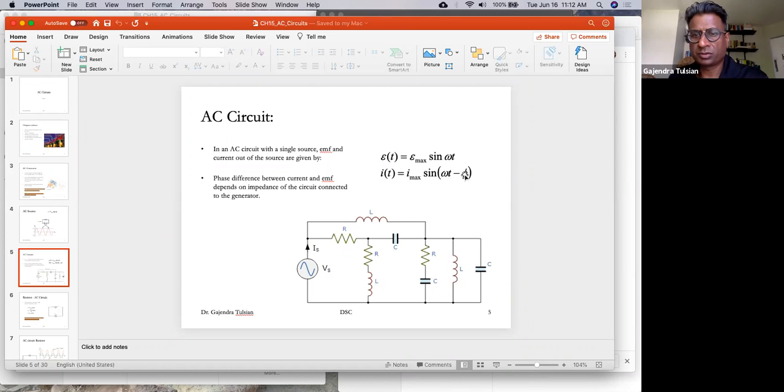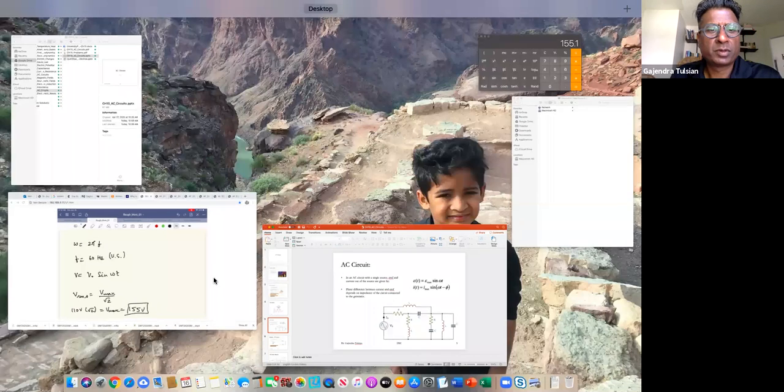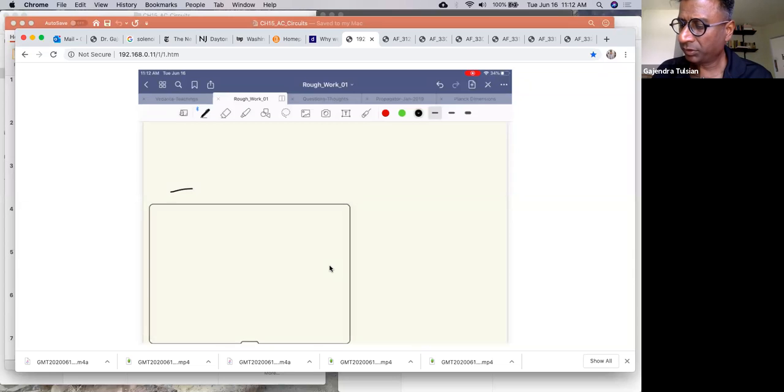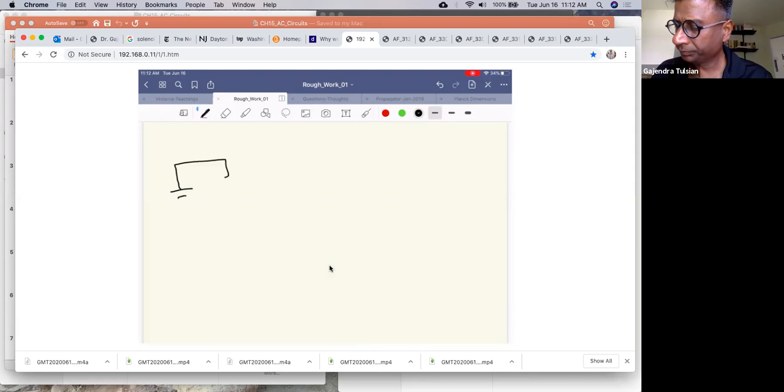Okay, so let me go to the whiteboard. We'll start off with a simple DC circuit. Okay, so here's the DC circuit. Here's the resistance, and here's the EMF.